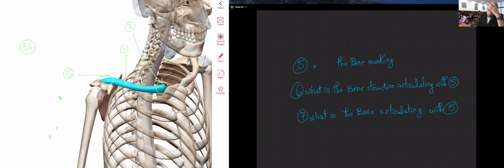Questions 6 and 7 are addressing the same marking, number 5. So I don't have to put numbers 3 and 4, or 6 and 7, on the diagram, because I'm asking about the same marking as 2 and 5.